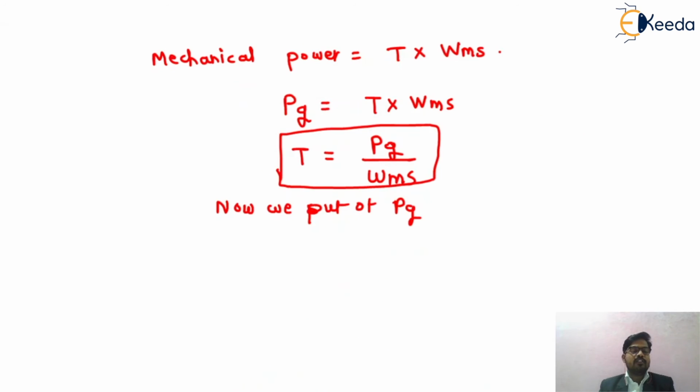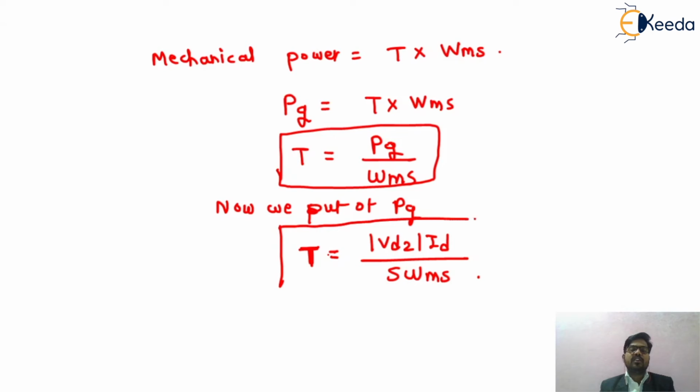So we are getting the value of torque. Torque is equal to mod of VD2 into ID divided by S into omega ms, where omega ms is equal to 2 pi n by 60. So this will be the required solution for the torque of your static Scherbius drive, and a very important equation.